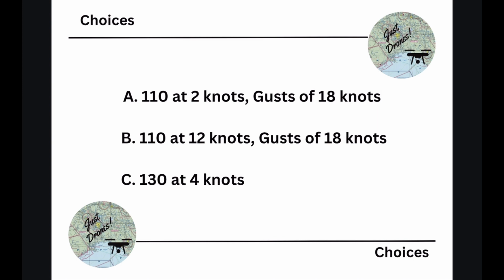I can go ahead and tell you that when you take the remote pilot exam, you're always going to get 3 answer choices. And 2 of those answer choices are going to be very similar. Look at A and B. We have 110 at 2 knots, 110 at 12 knots. Just a little bit of a difference. You have a 1 in front of 2 in B, so 12 knots, and then you have 2 knots in A. So keep that in mind.